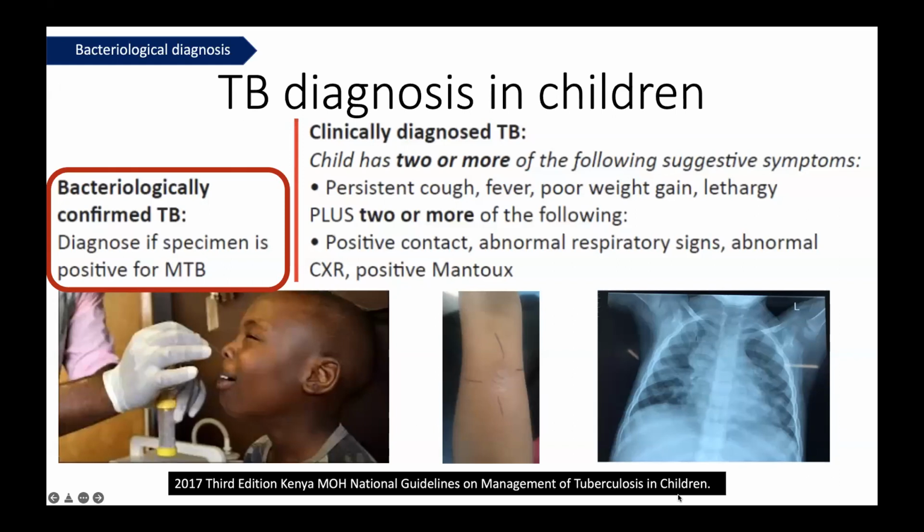You should have the confidence not to delay treatment if it's warranted, and refer if there are any other doubts, but initiate the treatment. Have the confidence to say, this is clinically diagnosed TB by our national guidelines, which are borrowed heavily from the WHO guidelines, and go ahead and initiate your treatment. But do strive to obtain a specimen that could help bacteriologically confirm the TB.